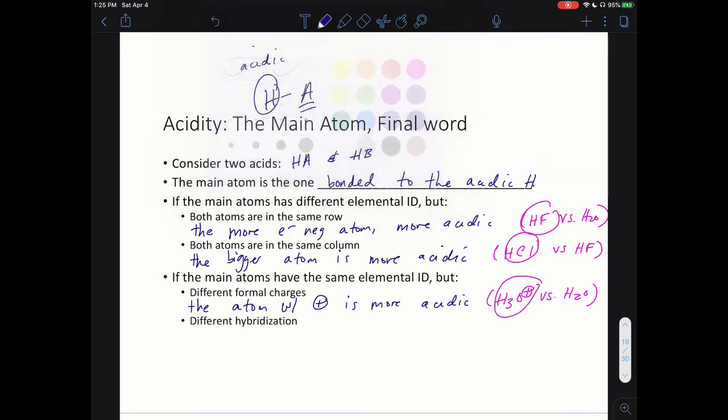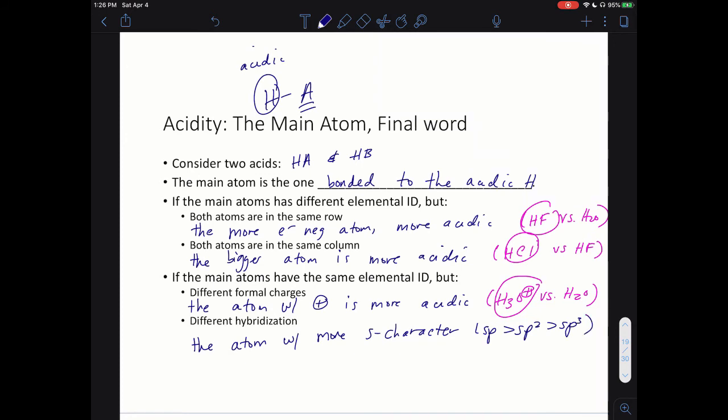And finally, if the main atoms are the same element but have different hybridizations, then the atom with more s character, so sp more than sp2, more than sp3, is more acidic.